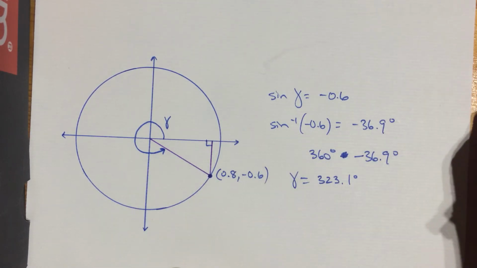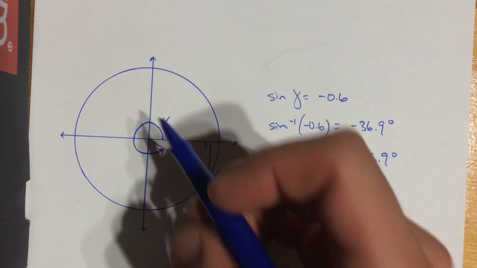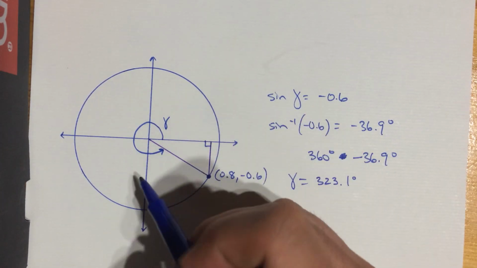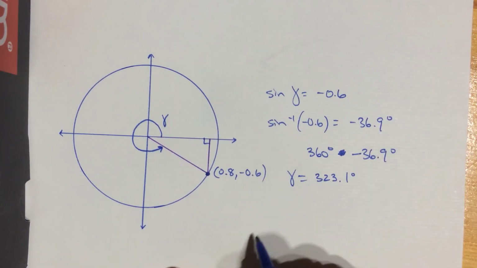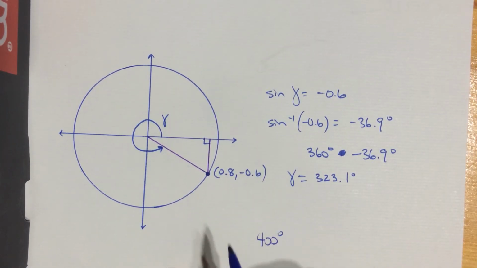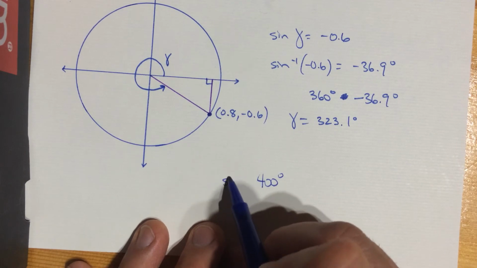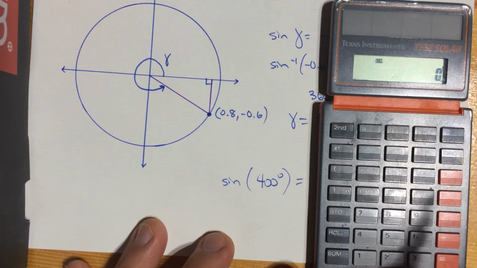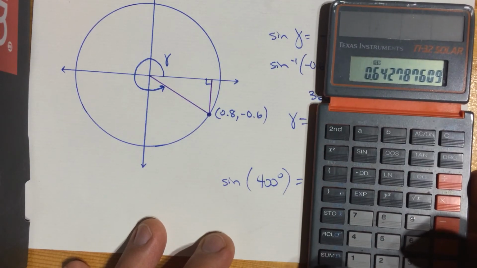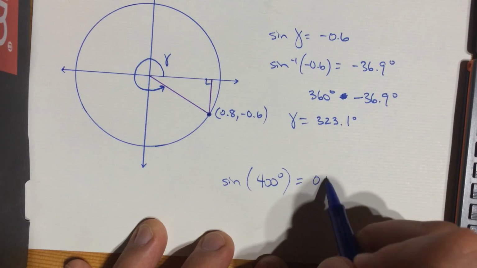And here's the really neat part. If you keep going, if you have an angle that is even bigger, that goes off into the 1st quadrant again, say an angle like 400 degrees, well, the sine of 400 degrees, let's try it, 0.64.